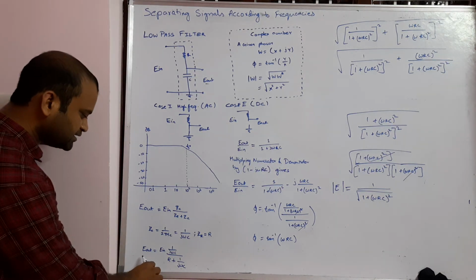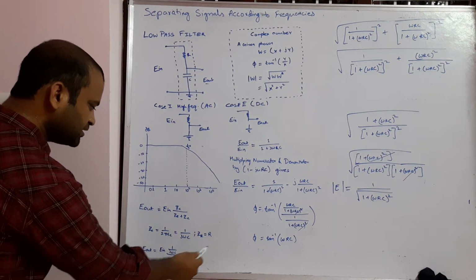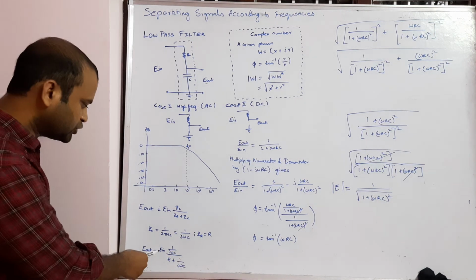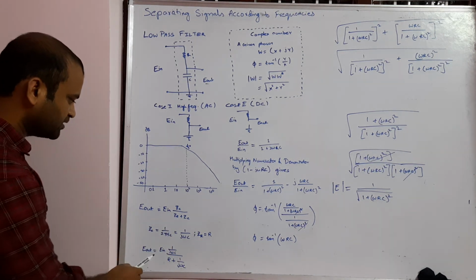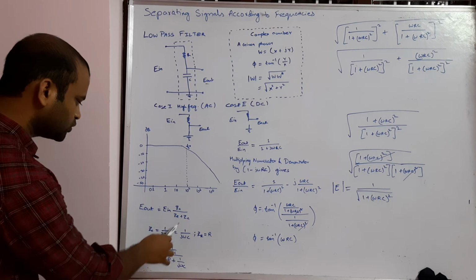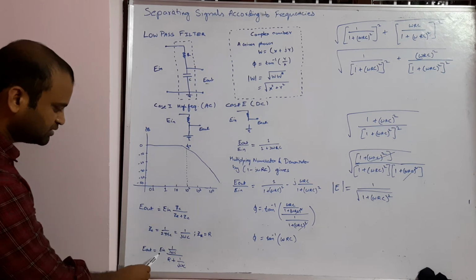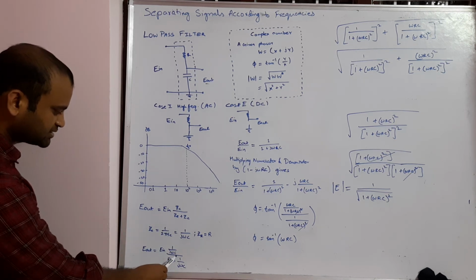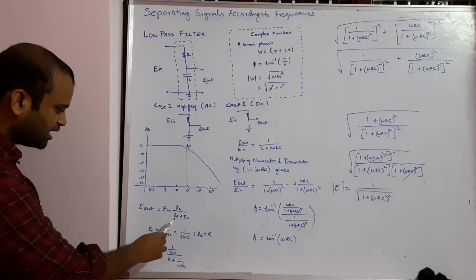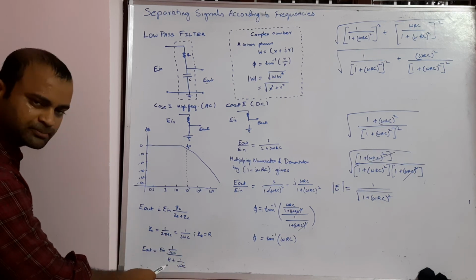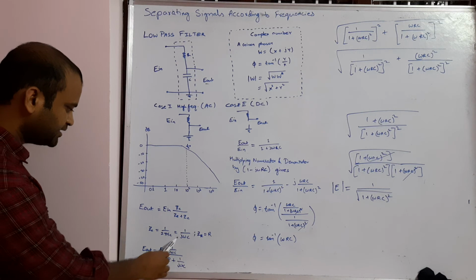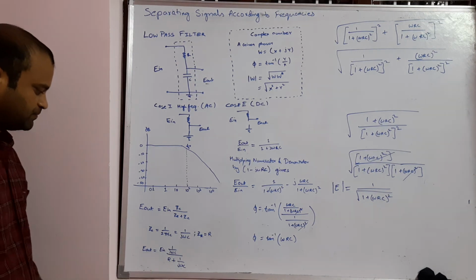Now E out is equal to, if we substitute these values in this formula, E in into 1 by j omega c divided by R plus 1 by j omega c. ZR is equal to R, so we are substituting R, and ZC is equal to 1 by j omega c.